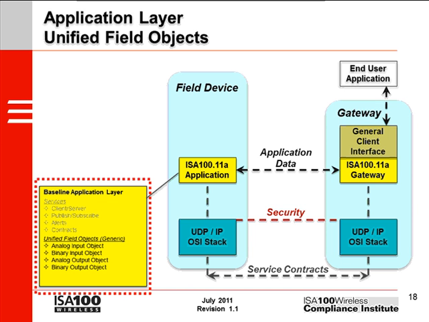Moving up to the next point, we come to what's called unified field objects in the ISA100 standard. For example, an analog input object is defined in the standard. The temperature sensor in ISA100 would report its data through an analog input object containing a floating point number that represents the degrees Celsius or some other unit. This object represents the state of an analog input and includes a scaled floating point number, a status, and a few other basics.